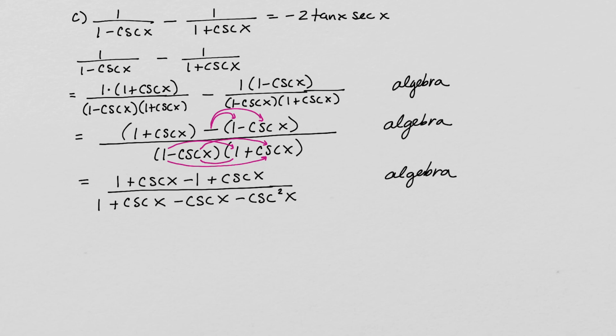Okay, so now some things cancel out. On the top, the things that cancel out are the 1 and the minus 1. They go away. And I have 1 cosecant of x plus another cosecant of x, so on the top, I'm left with 2 cosecants of x.